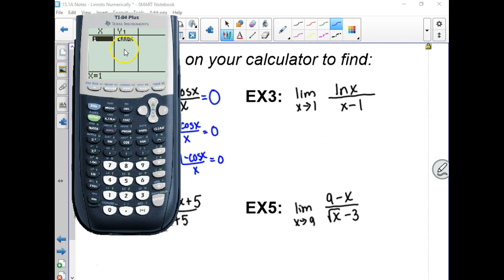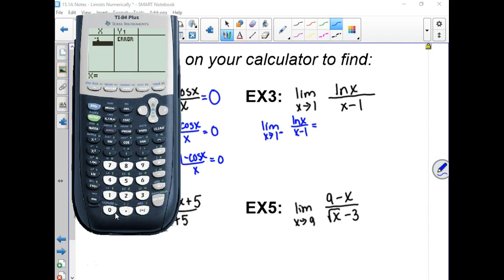All right, so if I'm looking for the limit as x approaches 1 from the left of natural log of x over x minus 1. Okay, from the left. So I'm coming from the negative side. What number should I start at if I'm getting closer and closer to 1? I could use a negative 1.